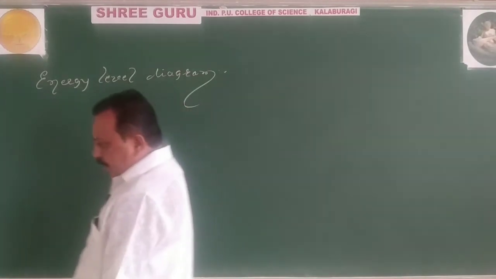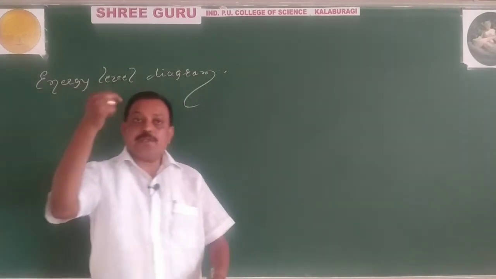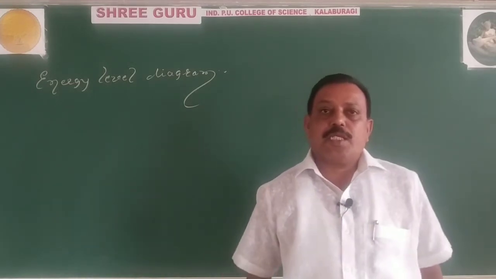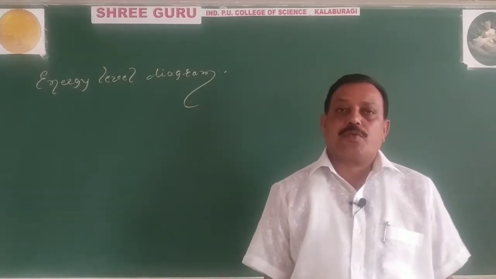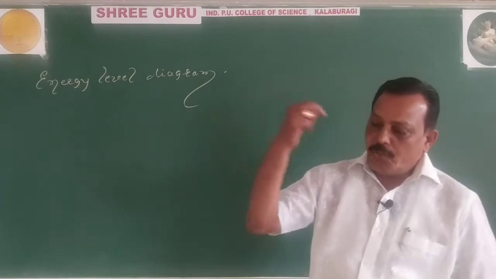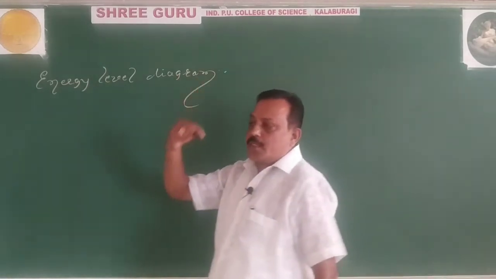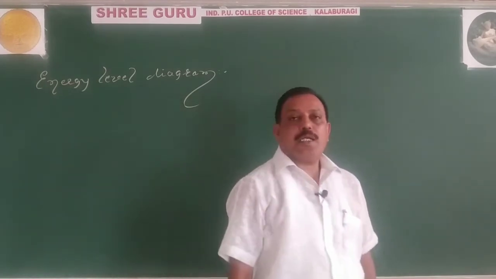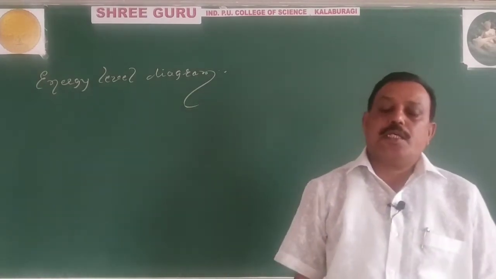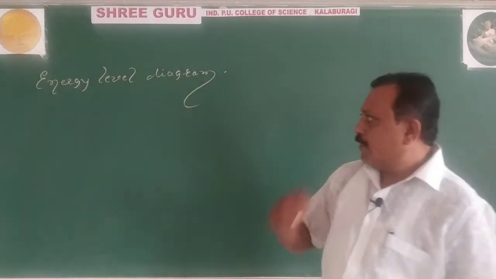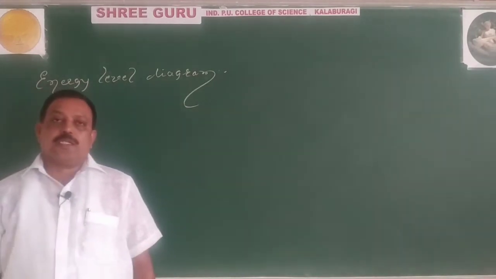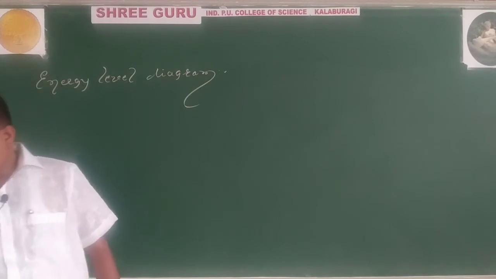Hence, the energy level diagram consists of horizontal lines and vertical lines. The horizontal lines represent the total energy of the electron in the respective orbits of an atom, and the electrons which jump from higher energy state to the lower energy state are represented by vertical lines.